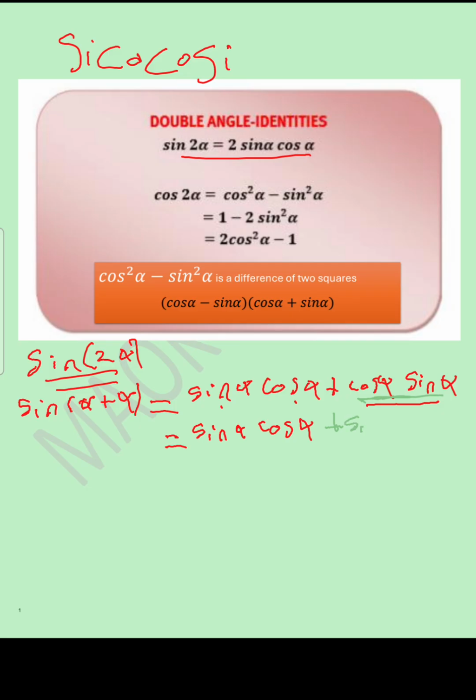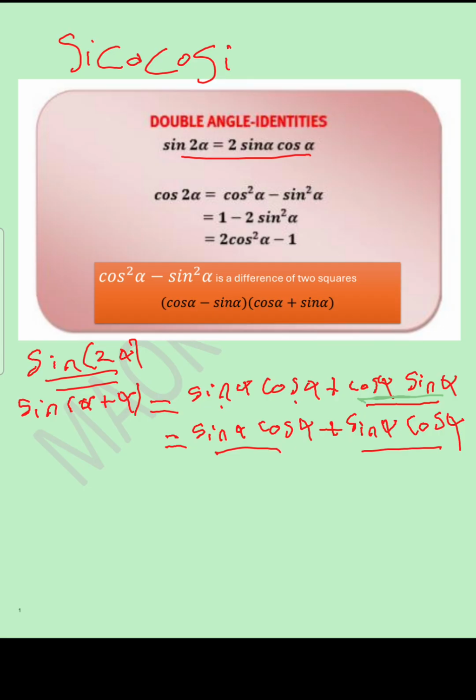So it is just sine alpha cos alpha. So it is plus sine alpha cos alpha. So this and these are like terms.